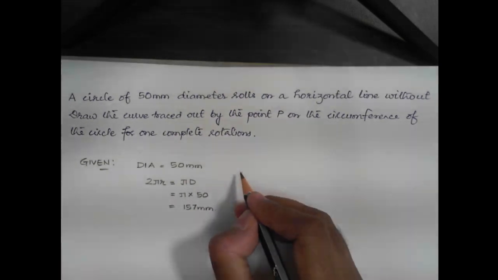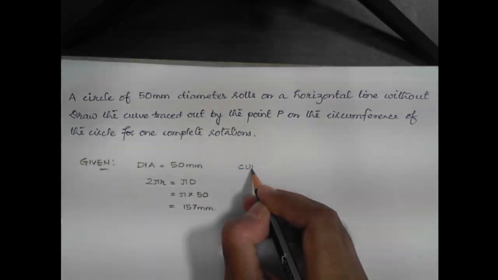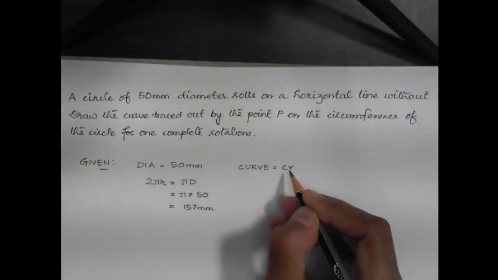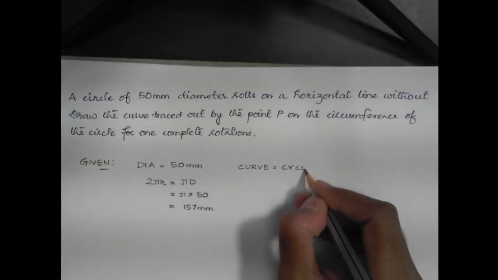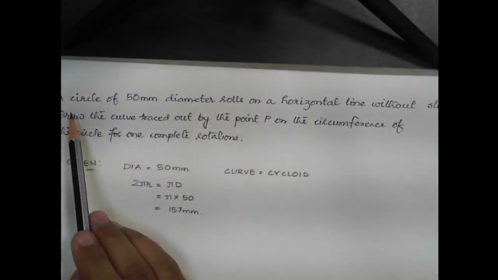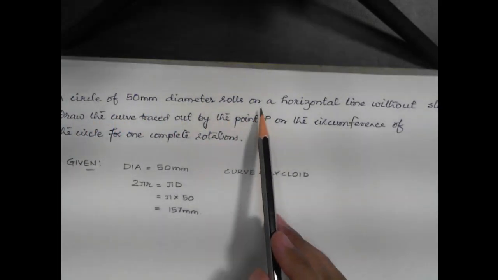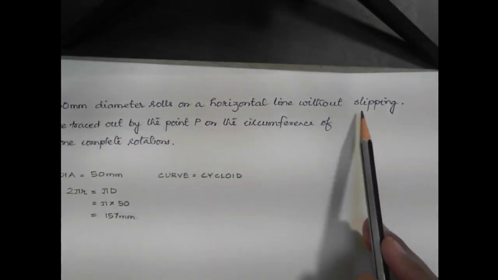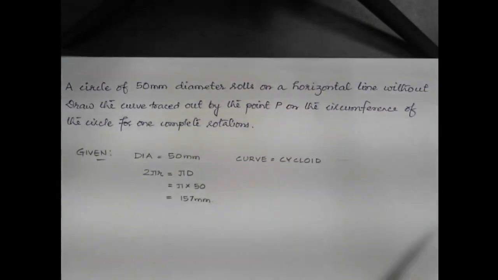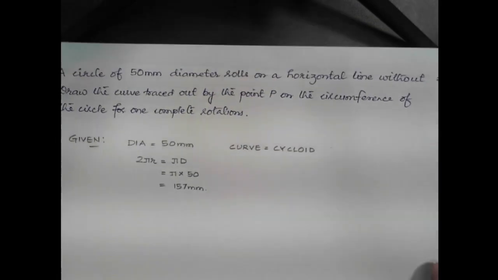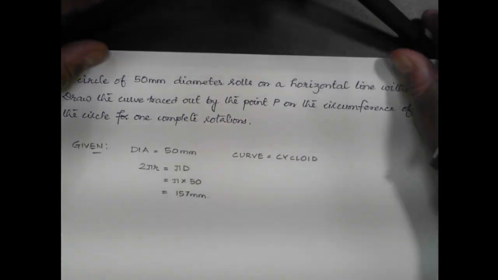Correct? Now you should always mention the name of the curve. The curve is a cycloid, because it is saying that a circle of 50 mm diameter rolls on the horizontal line without slipping. So the curve is a cycloid. Now let us understand how to draw this particular curve.